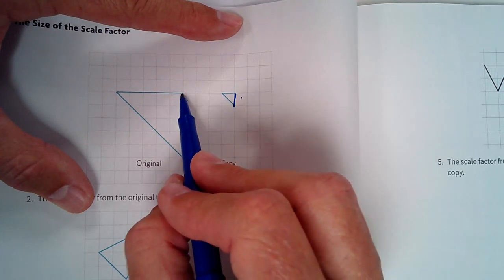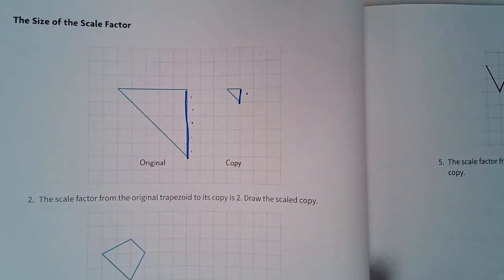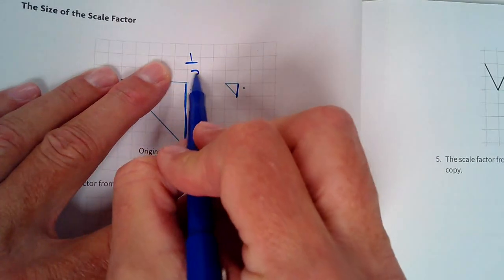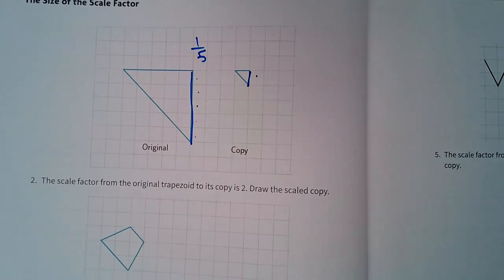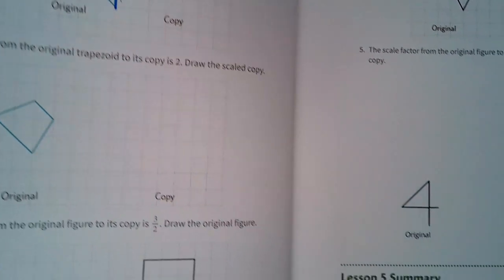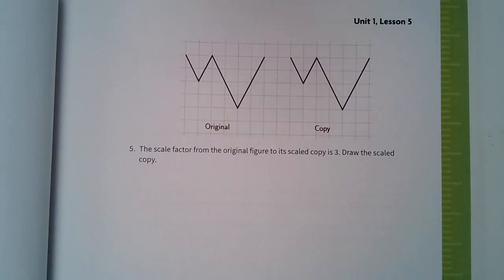Is just 1, okay? So it's 5 to 1. Or you could say it's got a scale of, it's 1/5 of the original. All right? So that one's kind of done for you. I think you can answer the rest on 44 and then 45. You can see the top of page 45.